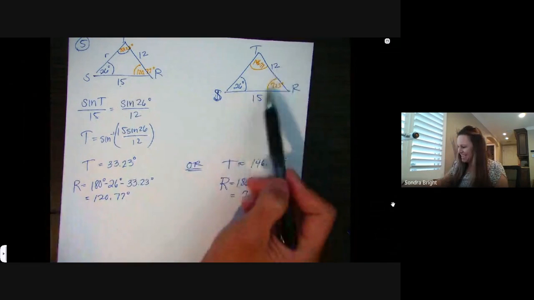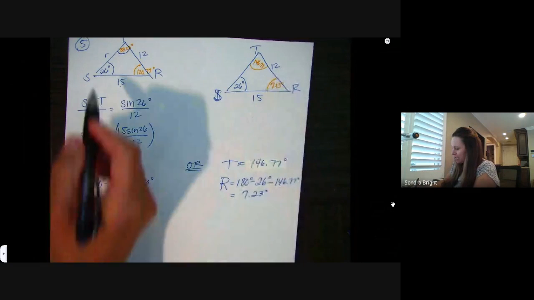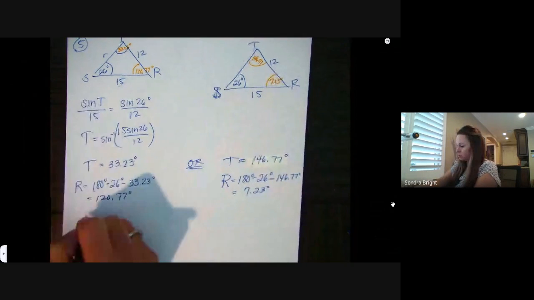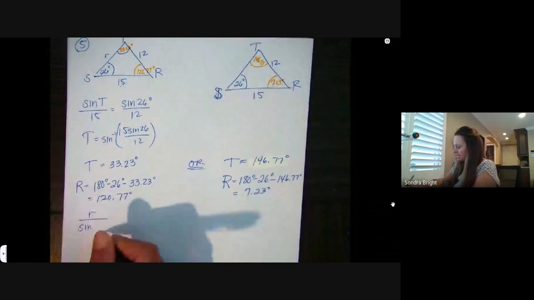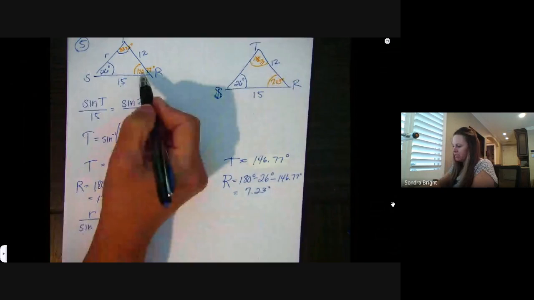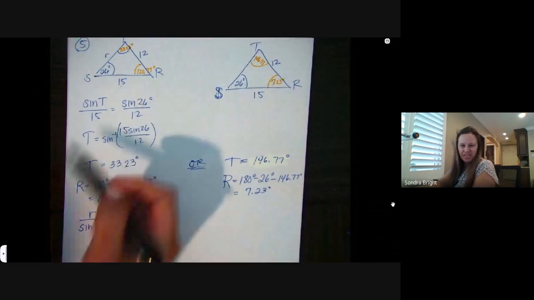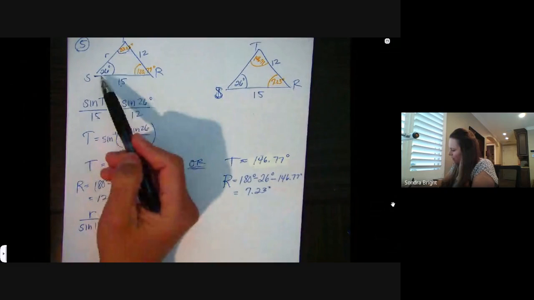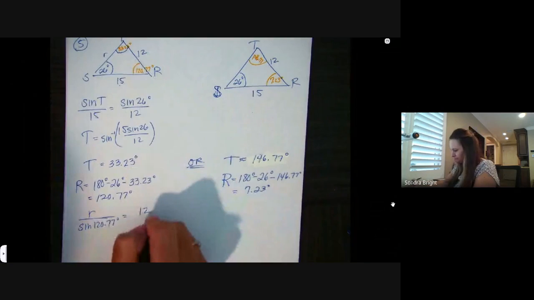So how do you find side R? You're going to use law of sines. Side R over sine of, for this triangle, 120.77. And that's equal to, use the information, don't use your approximated answer, use the solid answer they gave you, which was 12 over sine of 26 degrees.